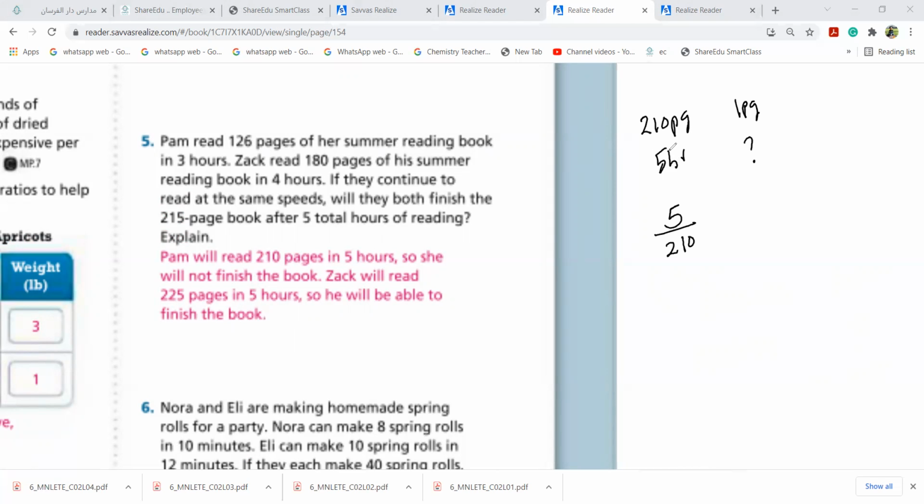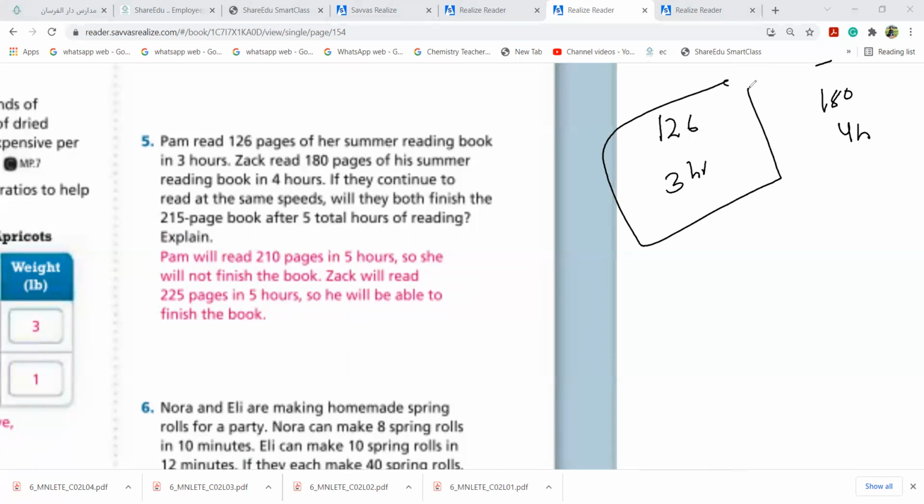Okay, Pam read 126 pages in 3 hours, and Zach read 180 pages in 4 hours. Now I will find the proportionality of this and then compare.